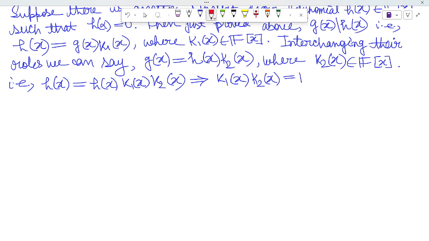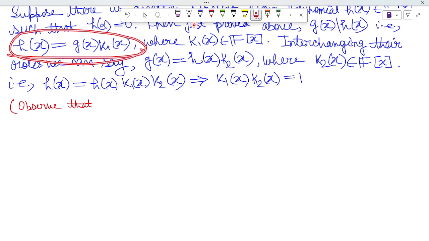Now observe that from this line, degree of h is greater than or equal to degree of g, because if we multiply g(x) with some polynomial we get h.